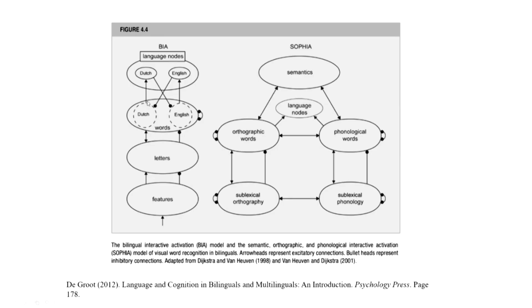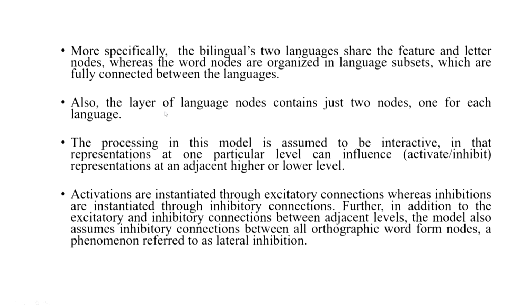However, the word nodes are organized in language subsets. You can see that the Dutch nodes are clustered on this side, whereas the English word nodes are clustered on the right side. Also, the layer of language nodes contains just 2 nodes, one for each language.